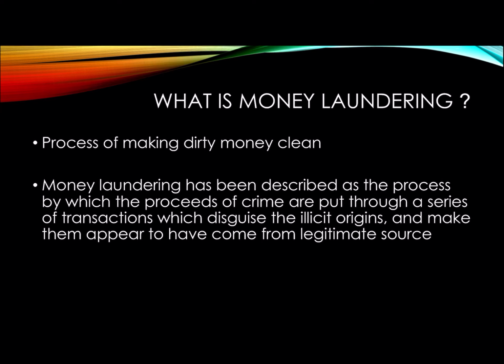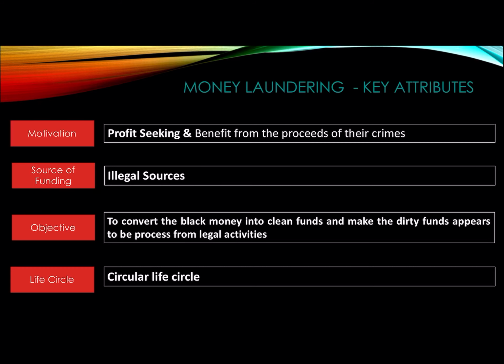But before that, let's understand different attributes of money laundering. One of the important attributes of money laundering is motivation, that is profit seeking and benefiting from the proceeds of their crime. I may be a drug trafficker. Using drug trafficking, I have attained a lot of cash, and using money laundering, I would bring that money into the system, and I can use that money for any benefit.